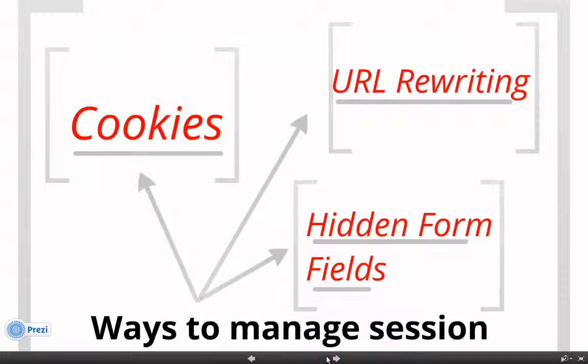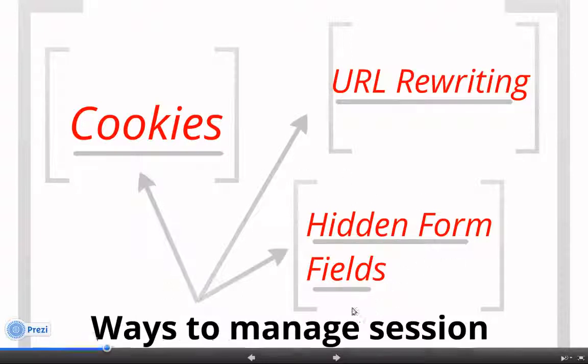There are three ways to manage sessions: by using a cookie, by URL rewriting, or hidden form fields. We should understand that when we are creating a session on a server, every session has an associated session ID, which is a unique identifier of that session.